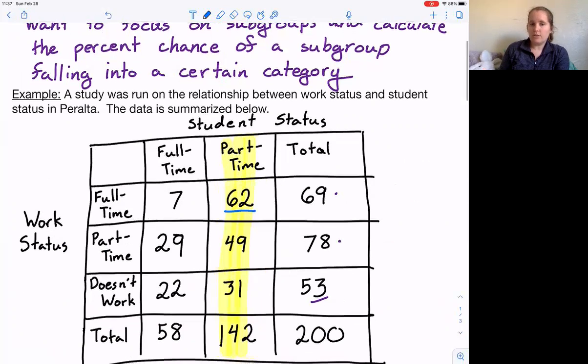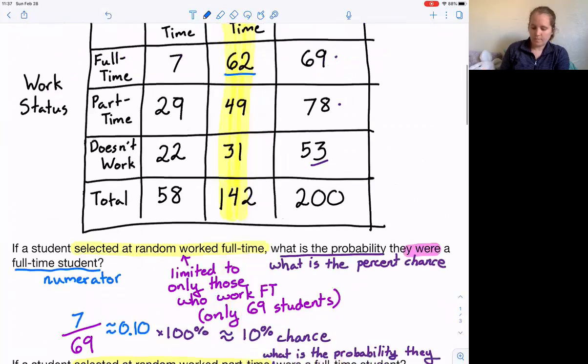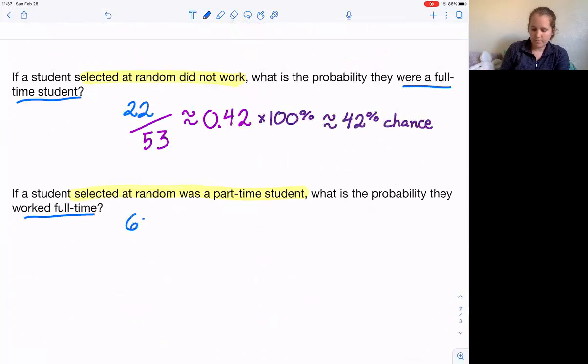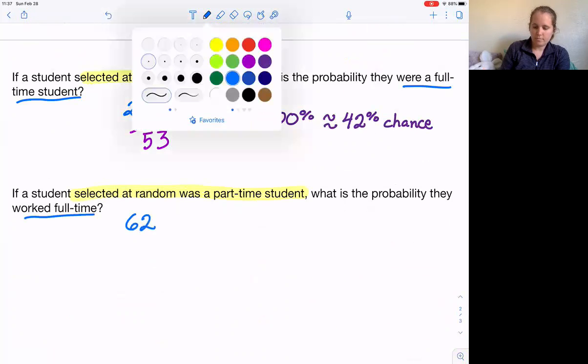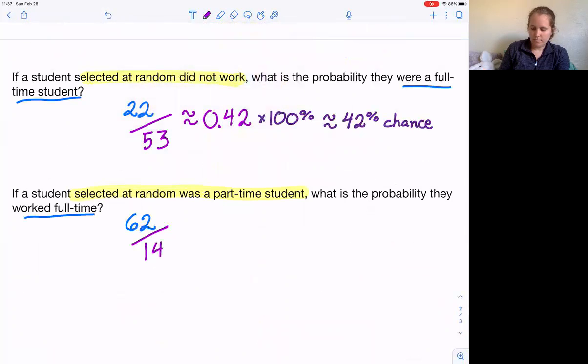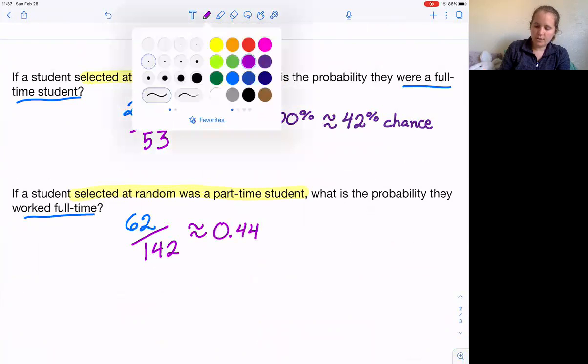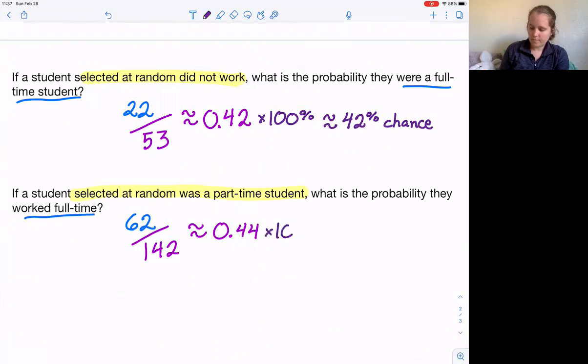So we have 62 out of 142. 62 out of 142 is approximately 0.44. Converting that to percent, we have approximately a 44% chance.